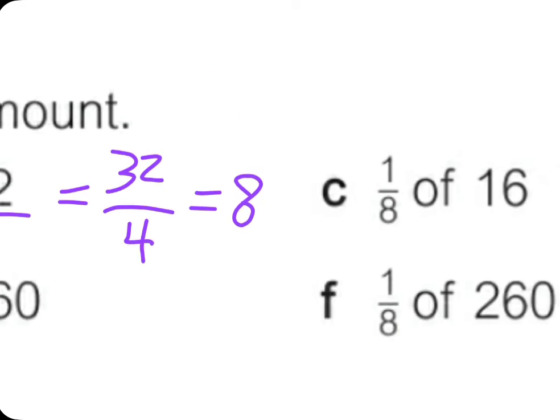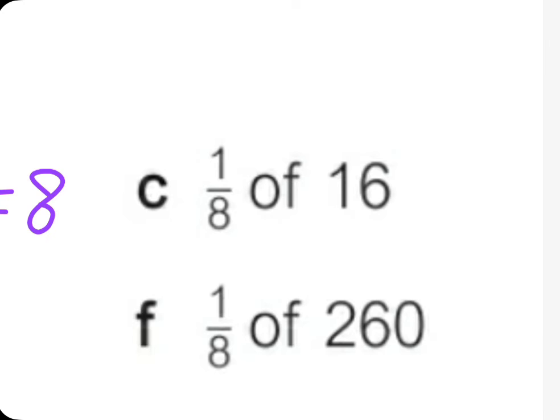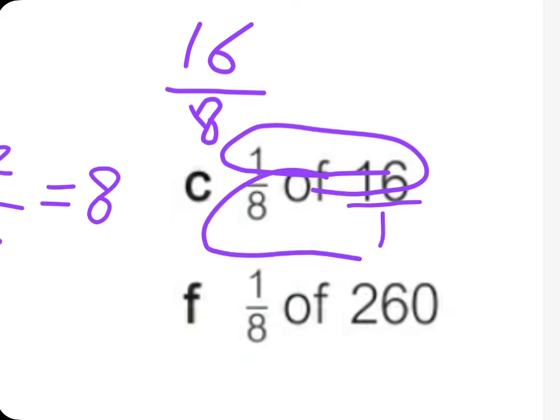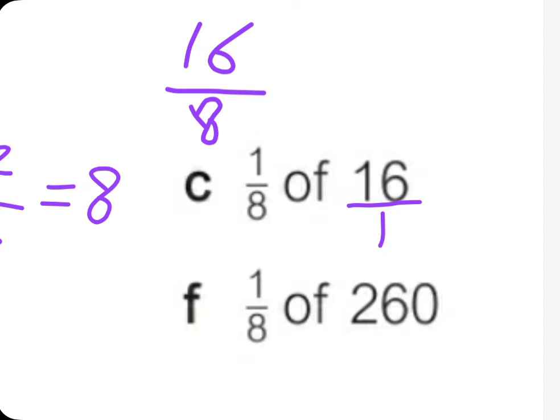Now, let's take a look at C. Same idea. We're going to say that 16 over 1, and the answer will be 16 over 8. When you multiply these together, and then these together. So 16 over 8, or divide by 8 equals, very good, 2.